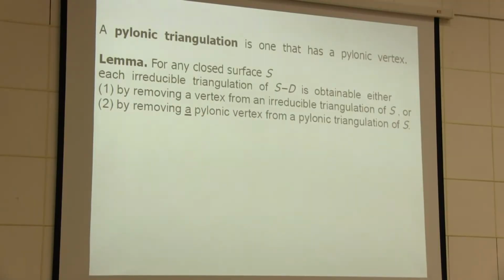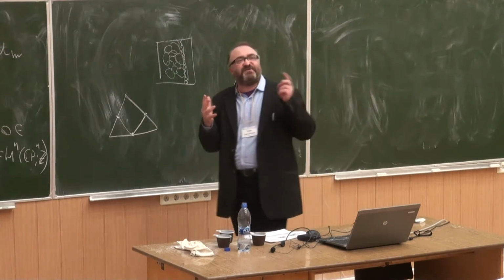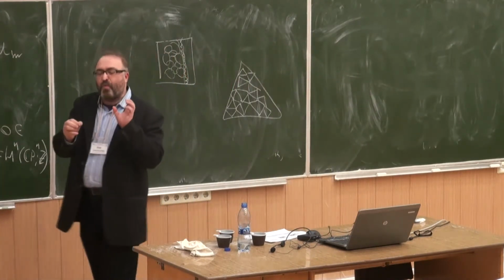Here you may be curious why I use an indefinite article "a" in the second way of obtaining the irreducible triangulation, because actually you know such triangulations that have only one cable.